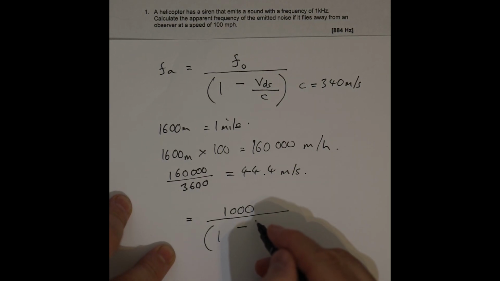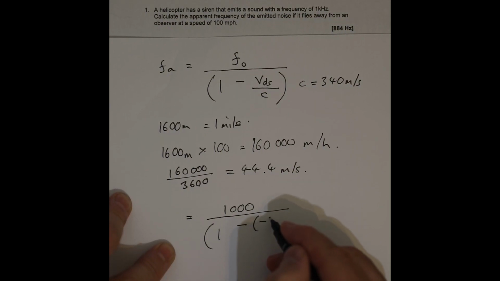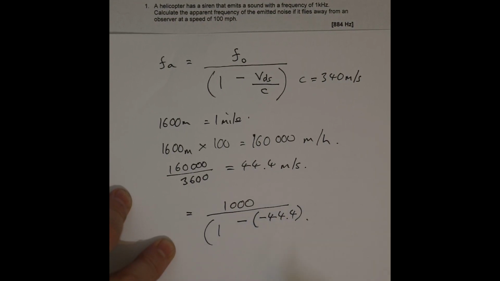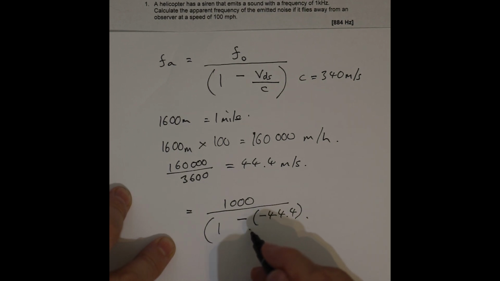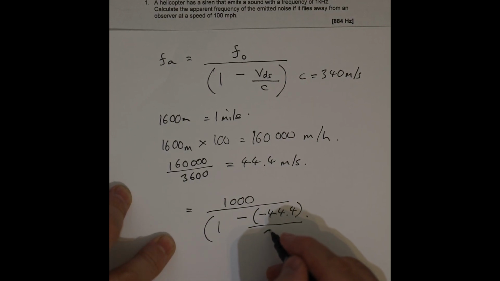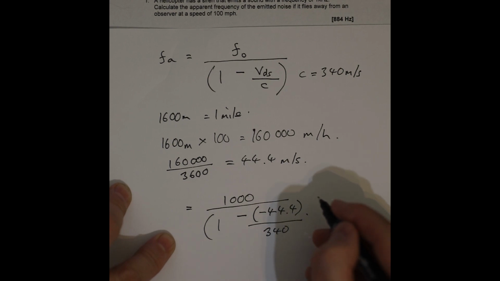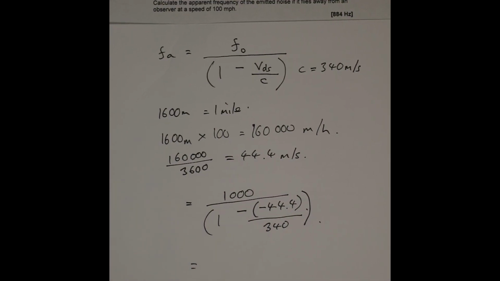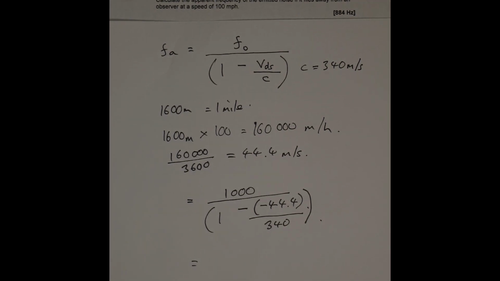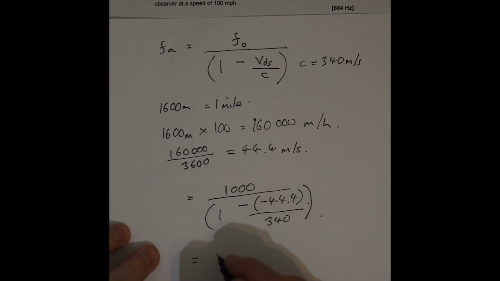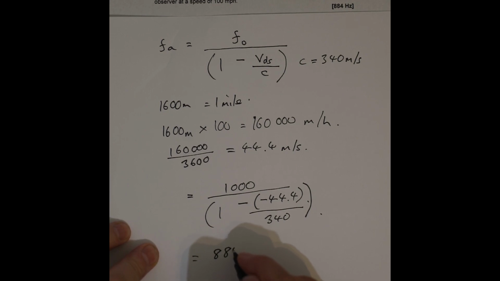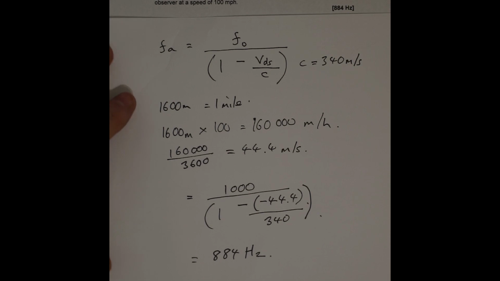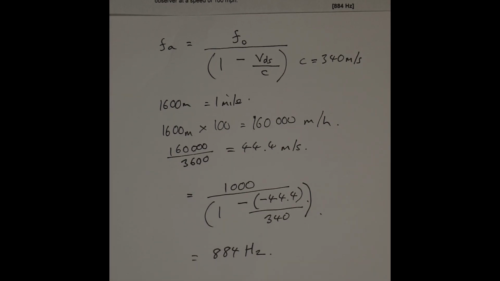So if they're flying away, we have to make sure that the value is provided as a negative. So it's minus 44.4, divided by our 340 meters per second. If we calculate that, we get a value of 884 hertz. So that's the solution to question 1.